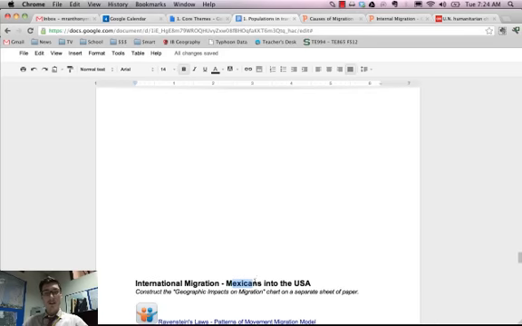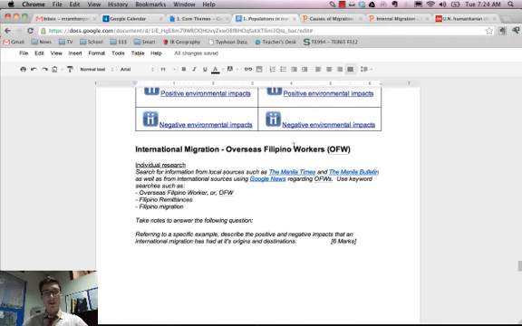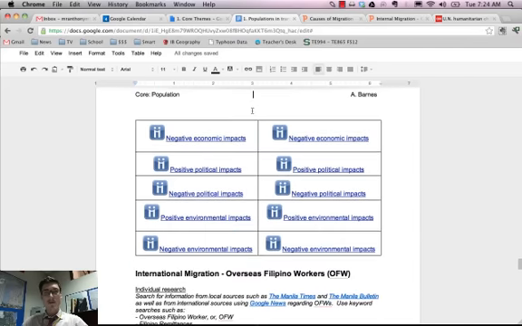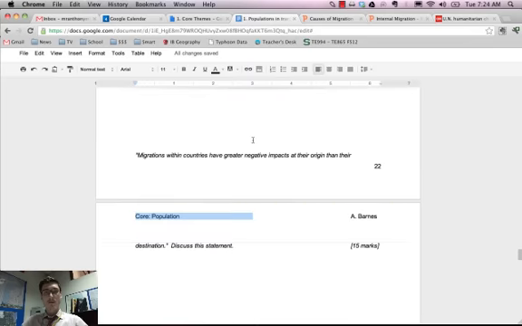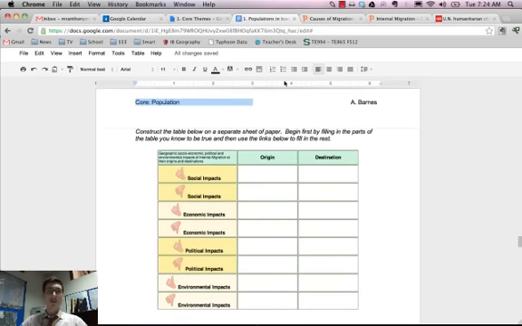Hold off on the Mexicans into the U.S., and also I've added the overseas Filipino workers, OFWs. Hold off on that for now until you finish this first part. And so just stick to this first part. And again, if you have any questions, let me know. And I hope this helps to clarify some things for the migration unit.